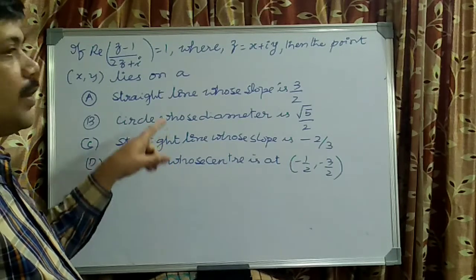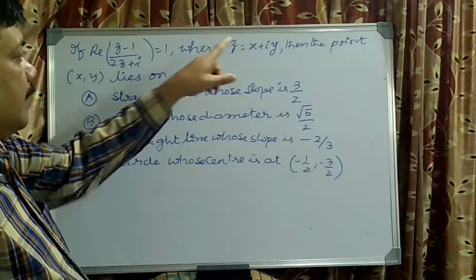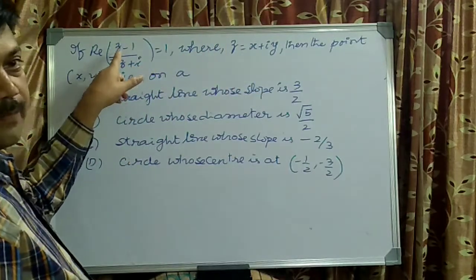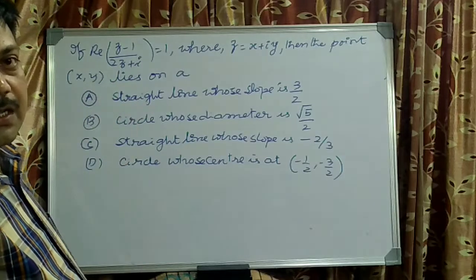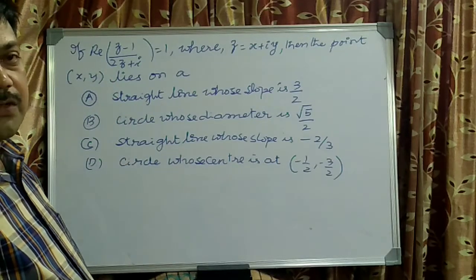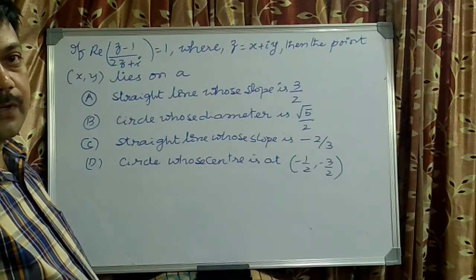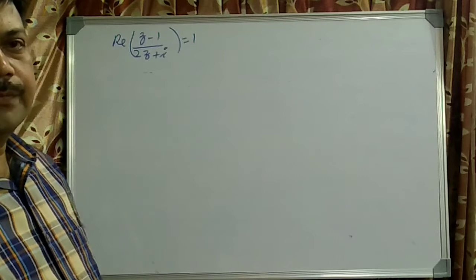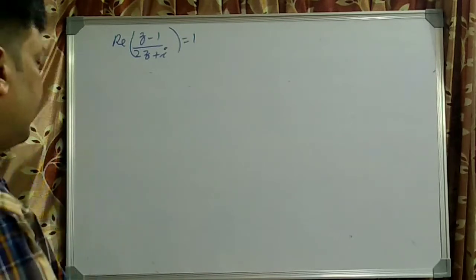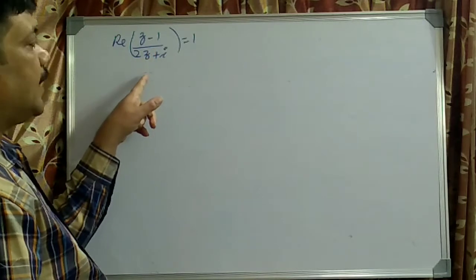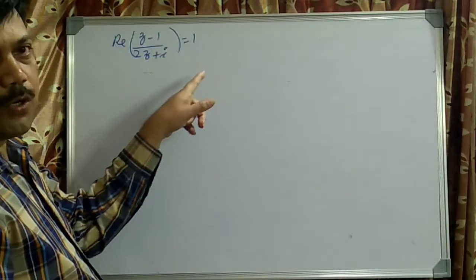So we are now going to do this problem by taking z is equal to x plus iy, putting it in the place of z, and taking the given condition, we are solving the equation in terms of x and y. Okay. Now we are solving the problem. So the given condition is real part of (z minus 1) by (2z plus i) is equal to 1.